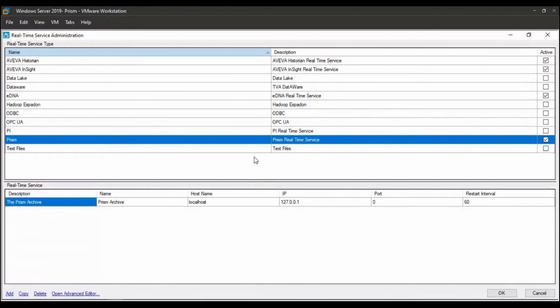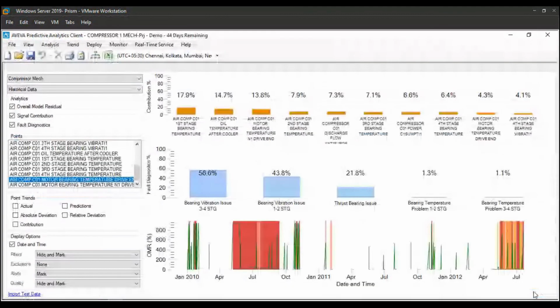We can take data from Hadoop, eDNA, PI, data lake, DataWare, and so on and so forth. When we are connected to a real-time service, all the analysis that I showed you here is then conducted in real time. I'll take 2-3 more questions from you, and then I'll hand it back to Mitesh, who will take the presentation forward from here.